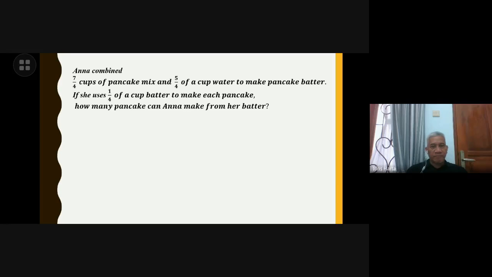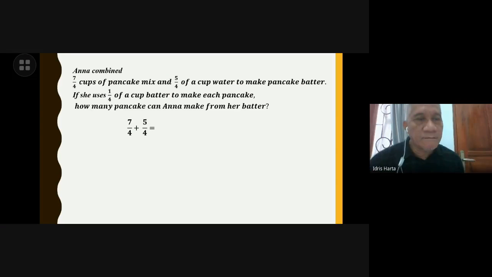So first we have 7/4 of pancake mix and 5/4 of a cup of water. To make the pancake batter, we must mix the pancake mix and the water. So 7/4 plus 5/4 equals 12/4.